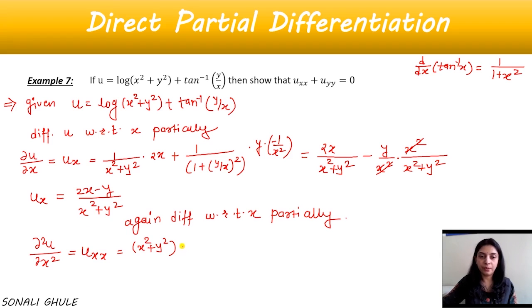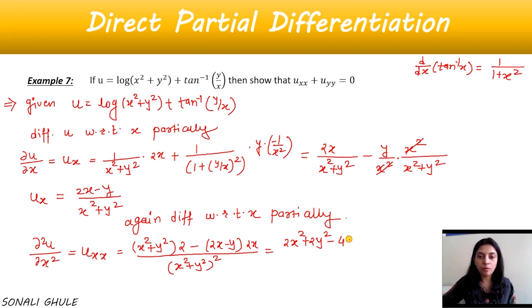Okay. So if I use the u by v rule here, the denominator is first of all constant. Taking the derivative of the numerator, it is 2 minus. Now the numerator is constant. Taking the derivative of the denominator, it is 2x. Okay. And divided by x square plus y square whole square, right? Now simplify the term here. So it will be 2x square plus 2y square minus 2 into 2, that is 4x square, minus minus it is plus 2xy.